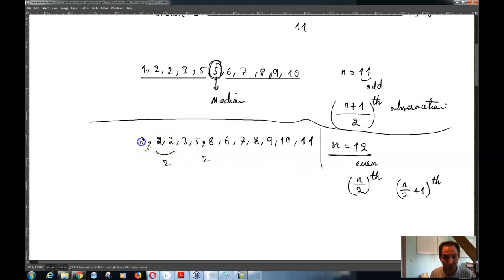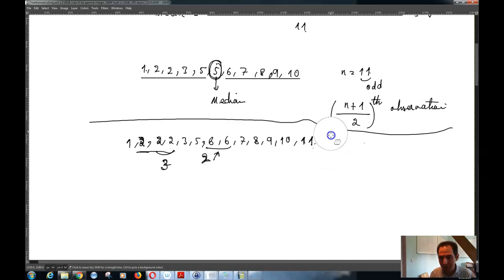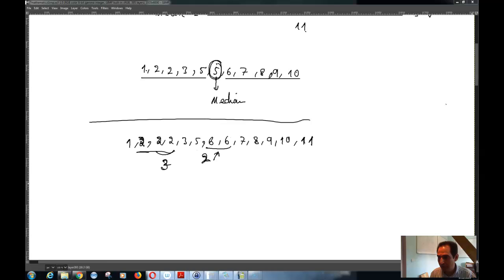There was another 2 over here. So now 2 has occurred 3 times here, 6 has occurred 2 times here, and let's say that 11 has also occurred 2 times here.